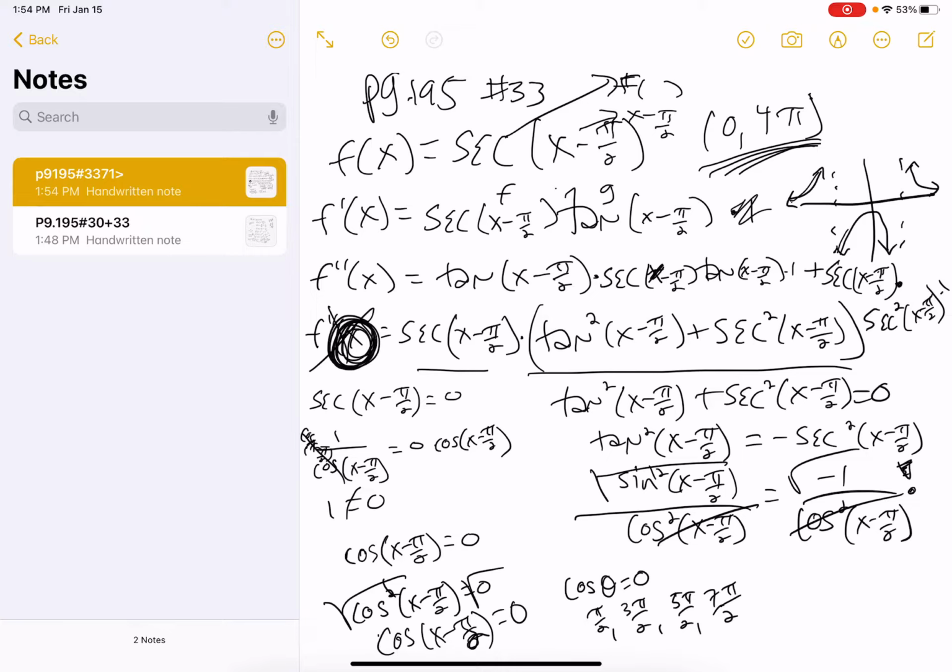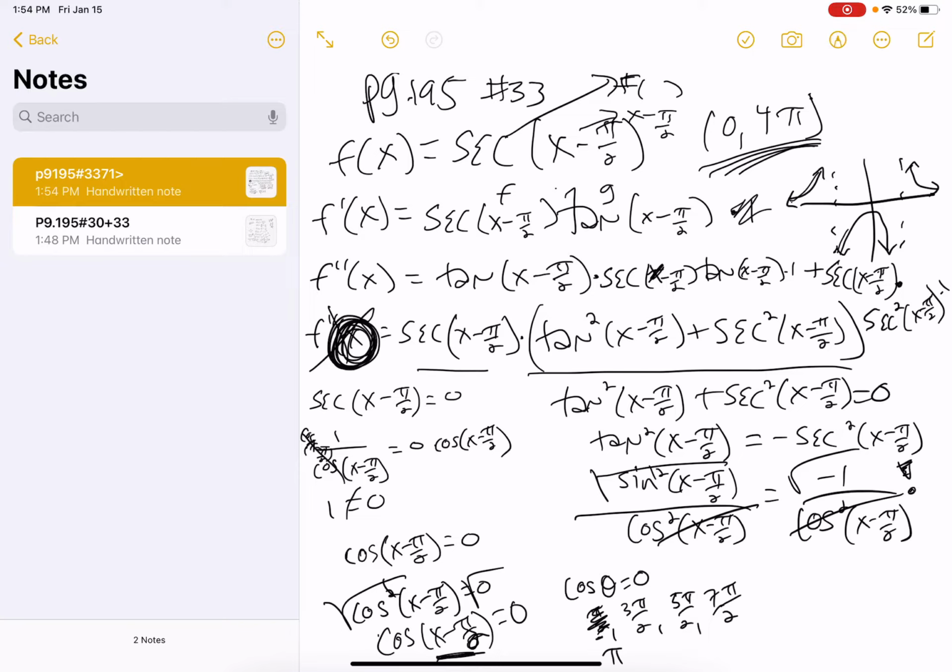Now careful though, because I have to deal with this. I need to think to myself, what number should x be so that when I subtract pi halves, I get pi halves? Well, pi, because pi minus pi halves is going to give me pi halves. So that's one value for x, pi.